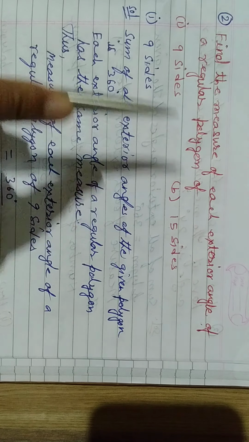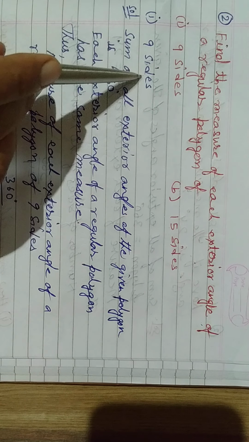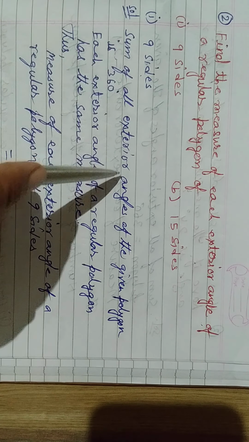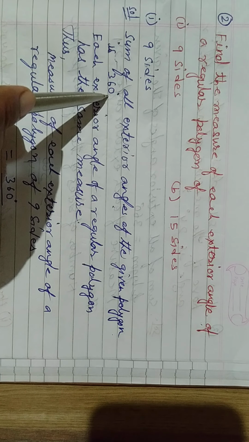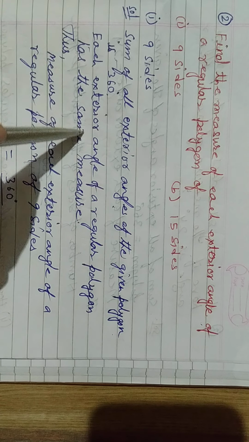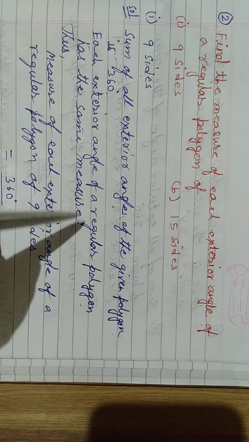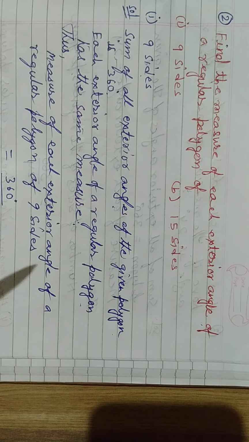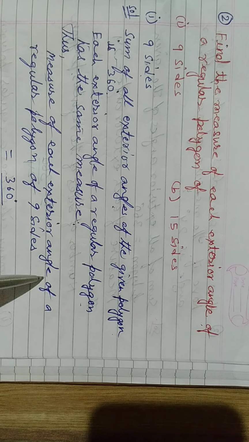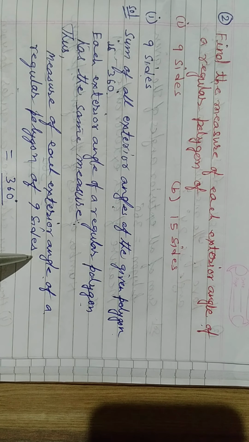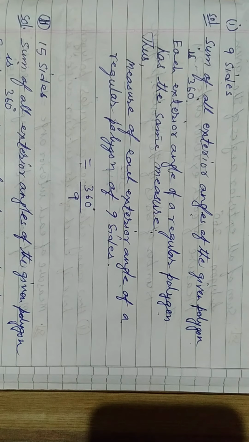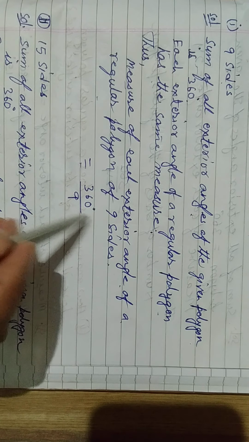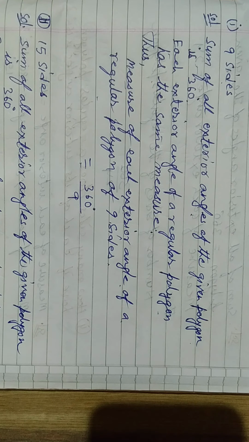No problem, very easy. 9 sides, we know that the sum of all exterior angles of the given polygon is 360 degree. Each exterior angle of a regular polygon has the same measure. Thus, the measure of each exterior angle of a regular polygon of 9 sides equals 360 degree by 9. We have to divide by 9 and we can get each exterior angle.